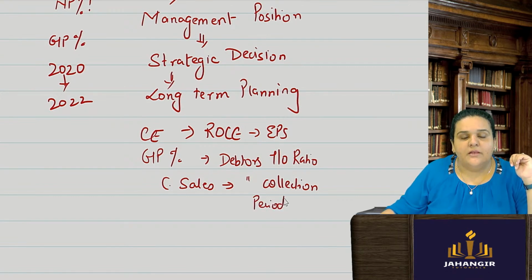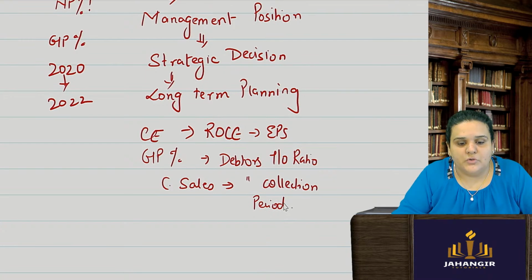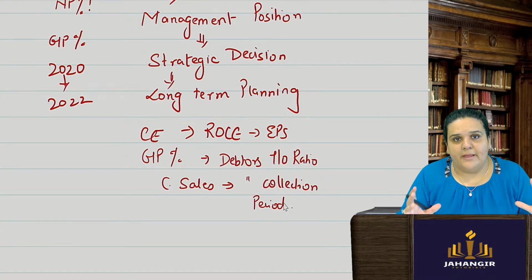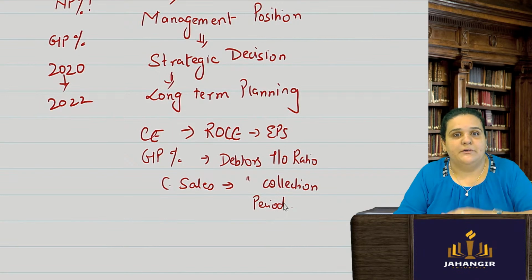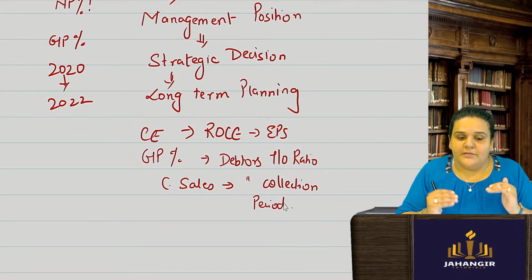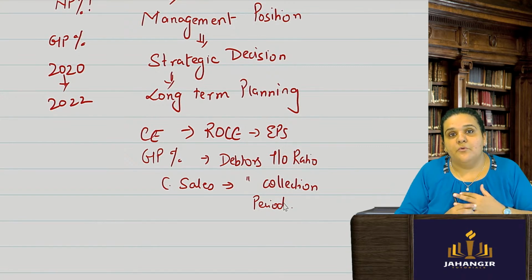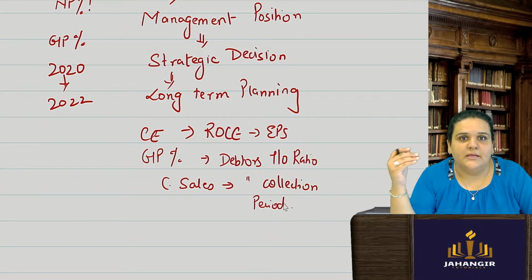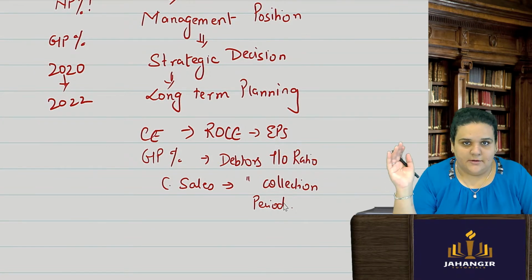So this is all in the form of a report. Ratio analysis is a part of management, that is why it falls under the management accounting head. Cost and management is part B, right? So in management accounts we follow and we do ratios. Ratios are calculated with the help of the balance sheet and profit and loss statement.